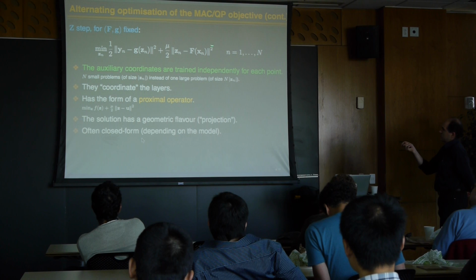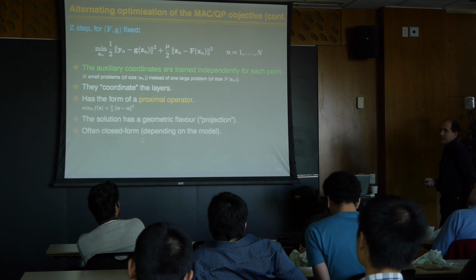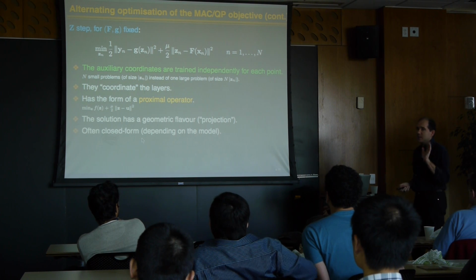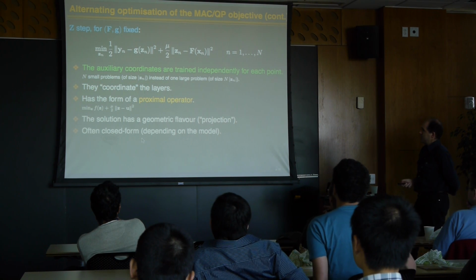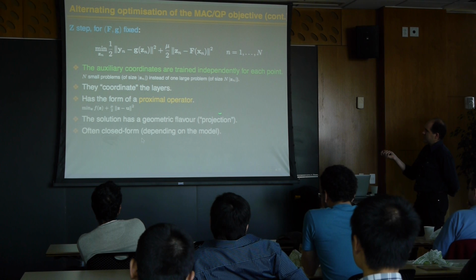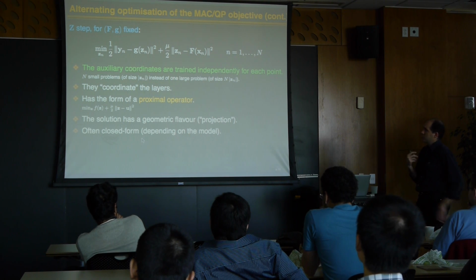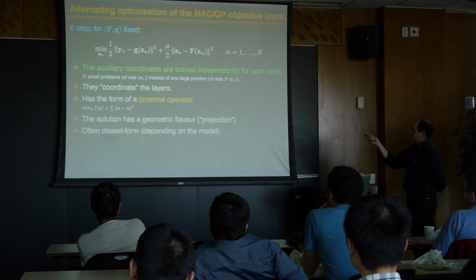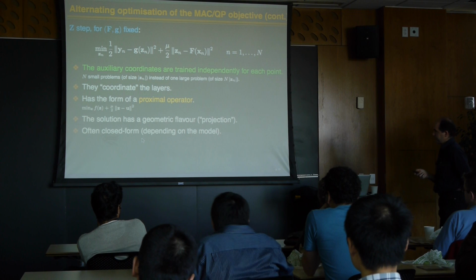And many times the solution of this, depending on your model, can be in closed form or can be very simple by solving a linear system or something like that. Usually it has the form of some kind of projection. It has a very powerful geometric flavor, this kind of proximal problem, basically projecting this value onto a certain set depending on that function there.